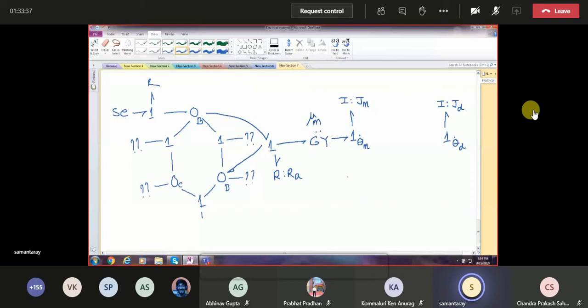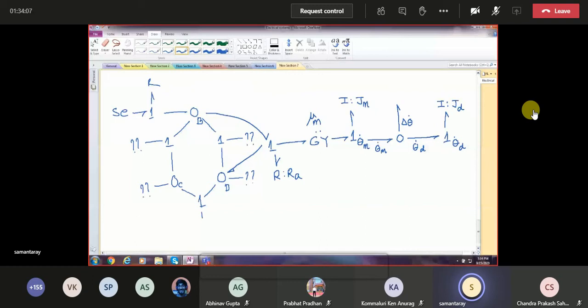Now we have to take theta m dot minus theta d dot. Look at this. What are we doing? This is theta m dot. This is theta d dot. Both are flows. And we are taking their difference. This delta theta dot is theta m dot minus theta d dot.